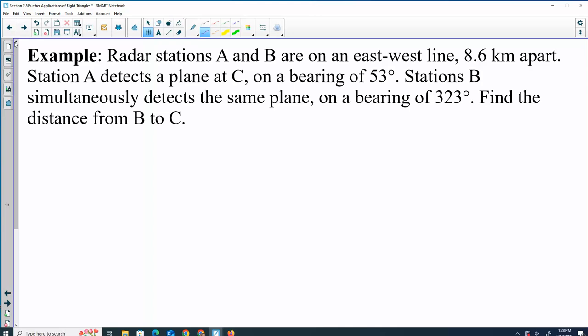Okay, so radar stations A and B are on an east-west line 8.6 kilometers apart. So I'm just going to draw a picture of this as I go. I have A and B on an east-west line, so we have a horizontal line.